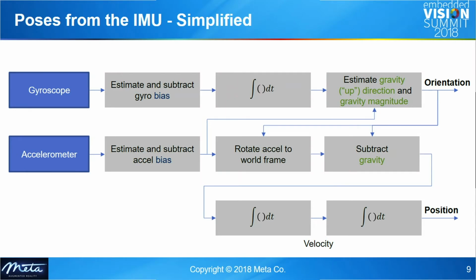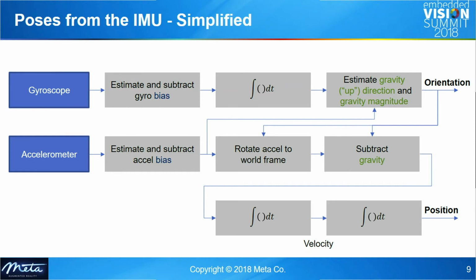And the amount of drift depends on the IMU quality. For the consumer-grade IMUs that we have in devices like this or in mobile phones, this drift makes the IMU practically unusable for position estimation for longer periods than a fraction of a second. We can estimate for a fraction of a second, though, and this will be important later on.